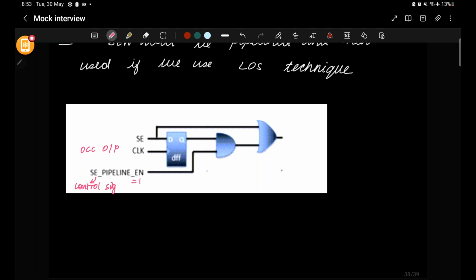When it is an AND gate, it will be controlled to 1. If it is OR, it will be controlled to 0. And this output scan enable is called the pipeline scan enable, PE. This pipeline scan enable only will be going to the flops.